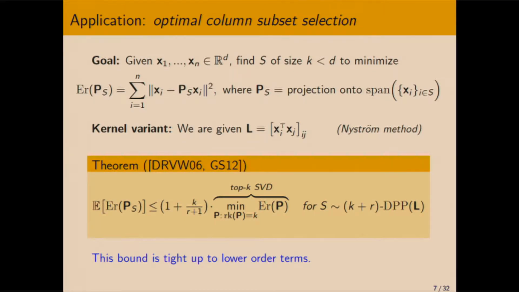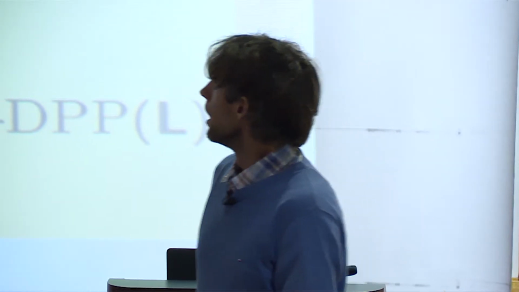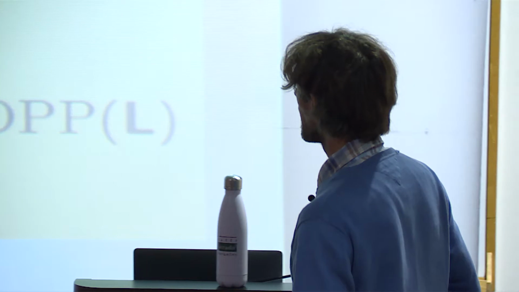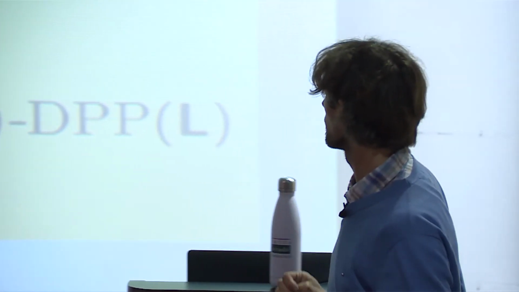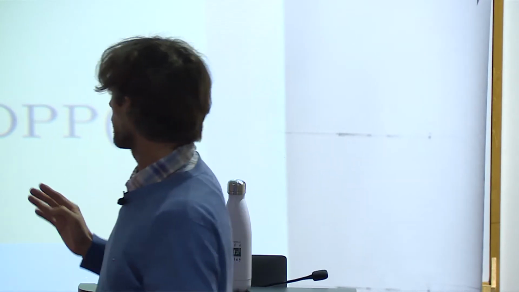Are there known relationships between the optimizers of these problems, like the minimizer of this column subset selection versus the maximizer of the volume maximization problem? So when you're sampling from the DPP, you're not really choosing the maximum volume subset, right? You're just sampling.